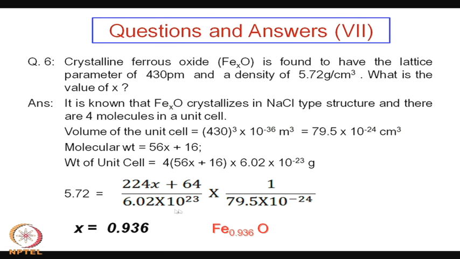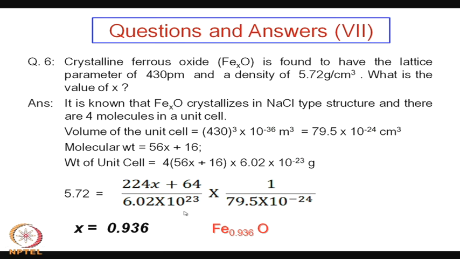So, density is simple. That is 5.72 equal to 224 x plus 64, 4 into 16, 64, and this is equal to 6.02 times 10 to the power 23 into this, 79.5 times 10 to the power minus 24.